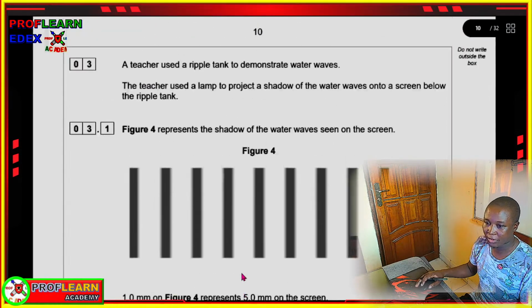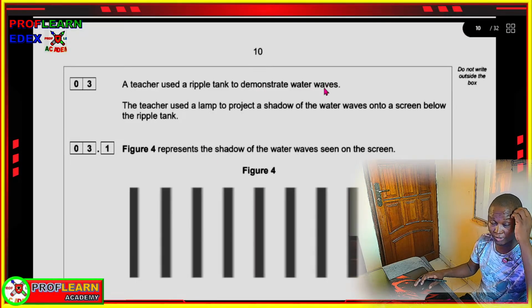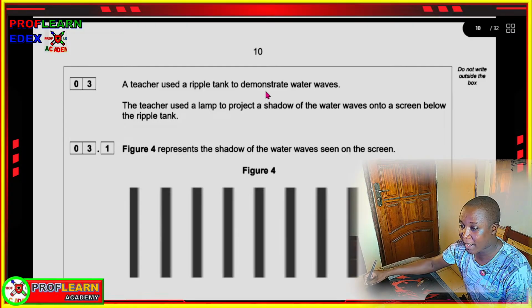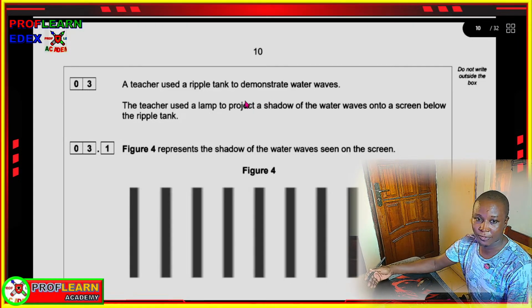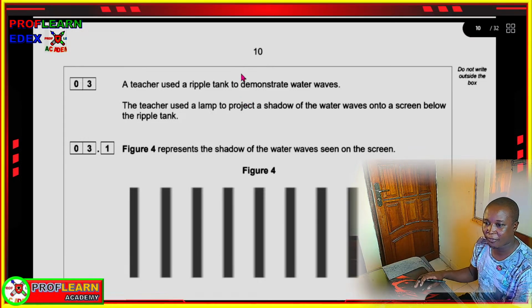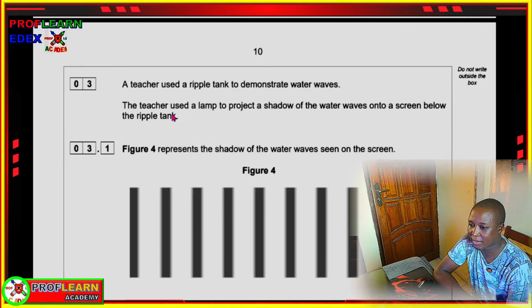The next question: a teacher uses a ripple tank to demonstrate water waves. Something we need to remember is that water waves are transverse waves. They are mechanical waves because they require a medium for transmission. The teacher uses a lamp to project the shadow of the water waves onto the screen as shown.